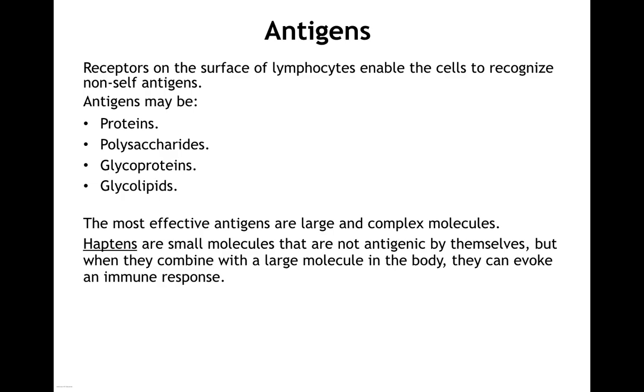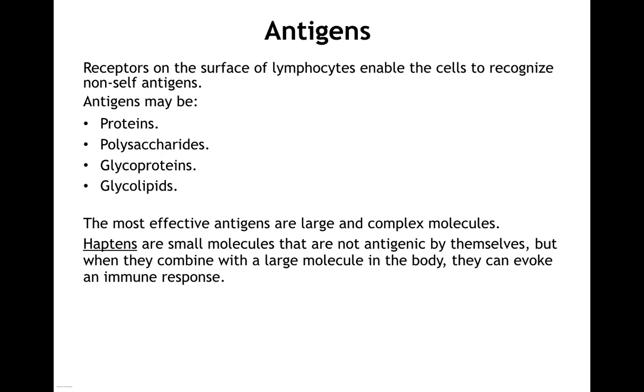So antigens are recognized by receptors on the surface of lymphocytes that allow them to recognize non-self antigens. Those antigens could be proteins, which are very good antigens. Polysaccharides in some cases can be antigens, as can glycoproteins and glycolipids.